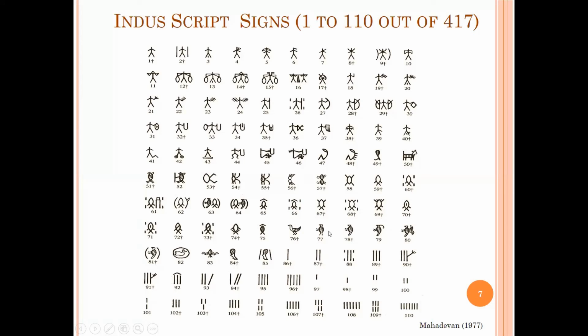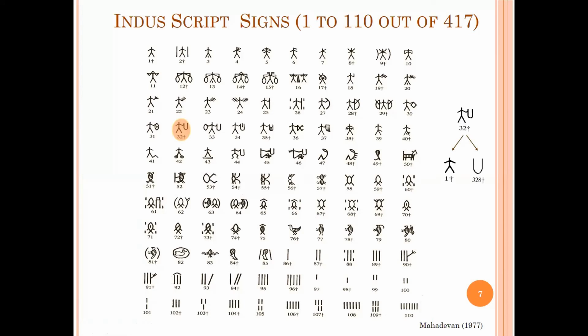Then there are a series of signs which are like strokes, and you may associate them to numbers, but they may have served any other function as well in the script. Now, the signs themselves vary in their complexity. To show you an example, if you take a look at sign number 32, it seems to be a compound sign made of sign number 1 and another sign, 328, in the sign list.